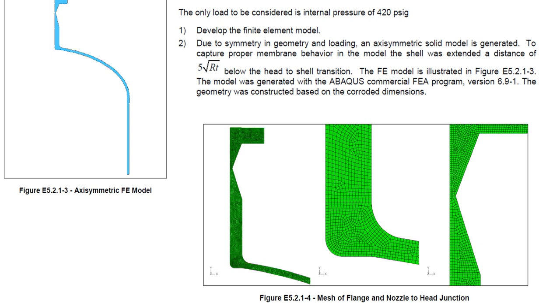They have given a certain length to be extended beyond the discontinuity, like 5 times the square root of R T distance, and they have meshed this model. So let's go into our simulation software, that is Nastran, and see how we have modeled this.